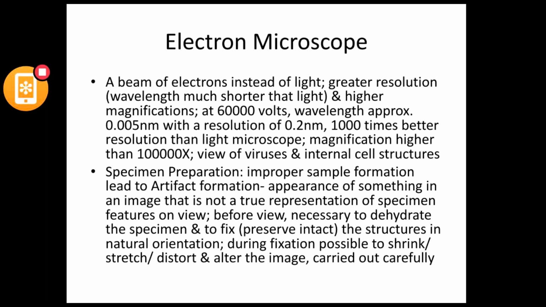And if we are not dehydrating or not fixing the specimen, then the structures will not be present intact, so we cannot observe them clearly. Also, the specimen may shrink or stretch or distort and alter the image, so that we can't observe anything. Fine. So specimen preparation in electron microscopy is a most important step. Next slide, please.